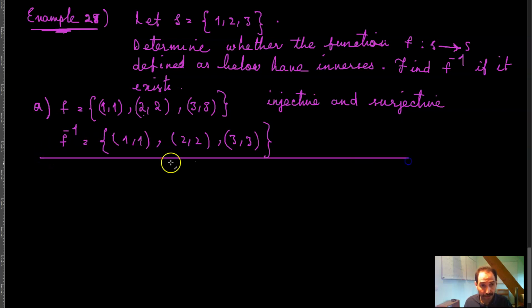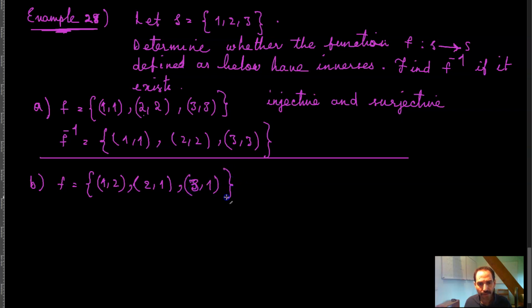The second case that we have here is case B, and that is f equal to {(1, 2), (2, 1), (3, 1)}. If f is supposed to be a function from S to S, then you have 1, 2, and 3 as the domain and the codomain of the function.